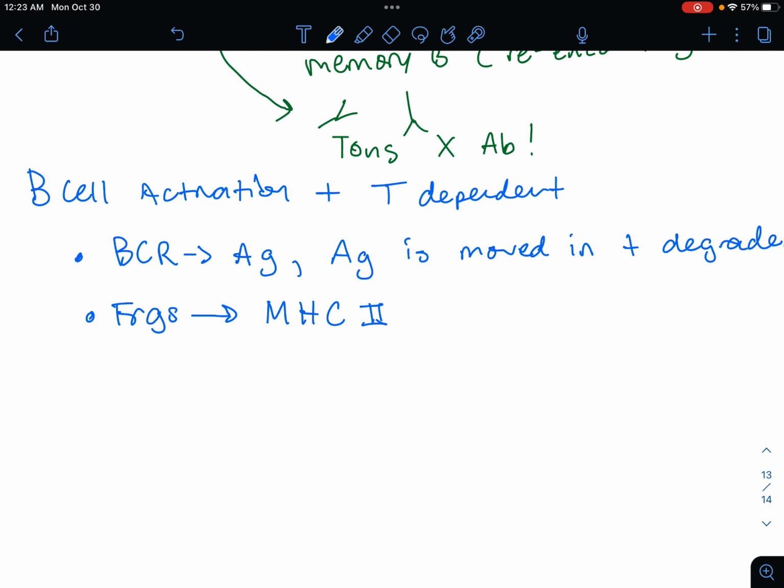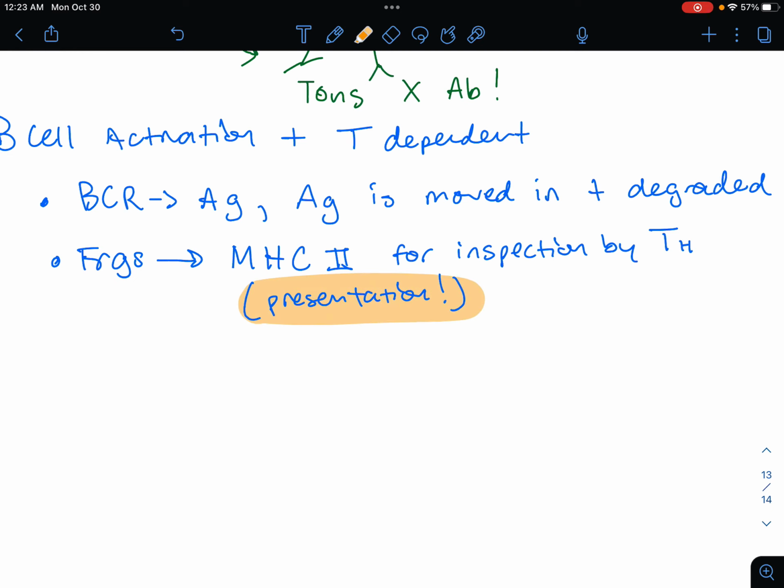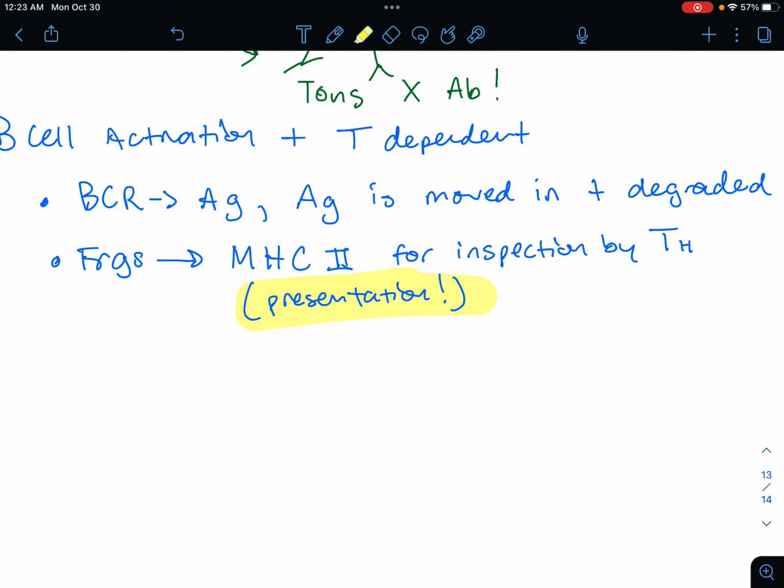And then when they're delivered here to the class 2 molecules, this is for inspection by T helper cells. This is called the presentation. They rely on that presentation, the T helpers. They need to be presented. The TCRs on the T cells need to be presented something.